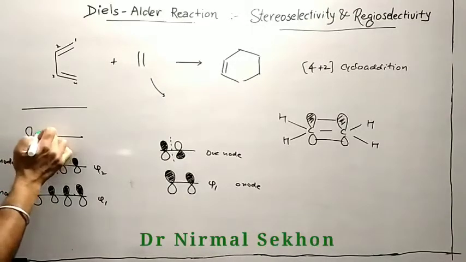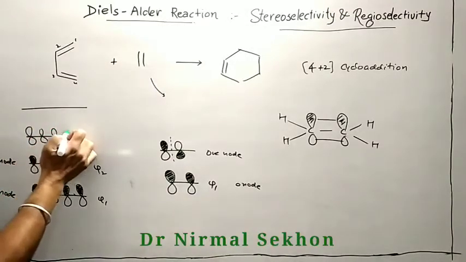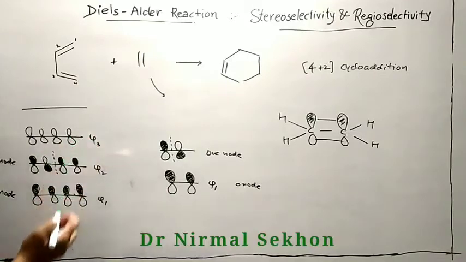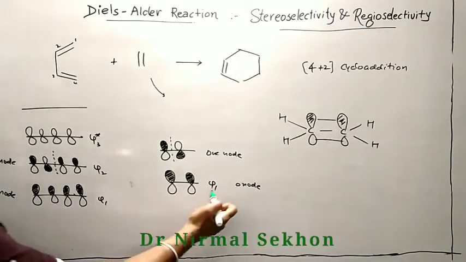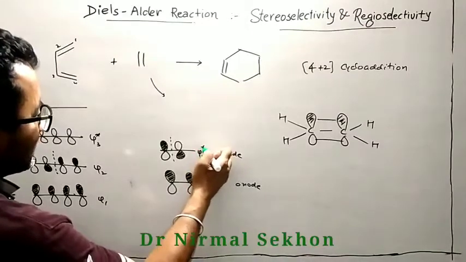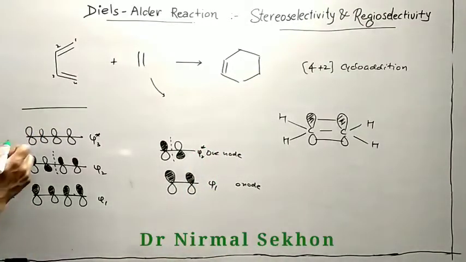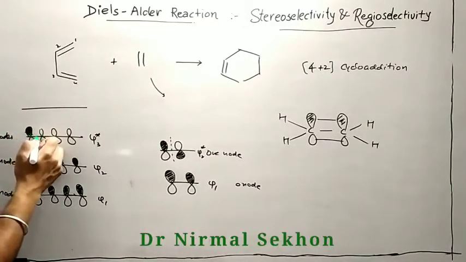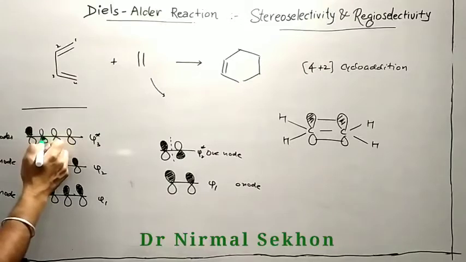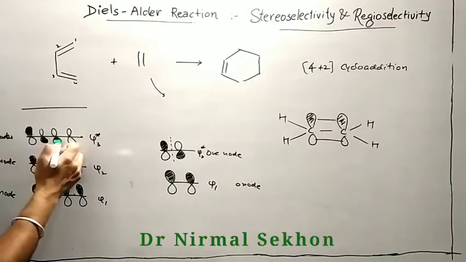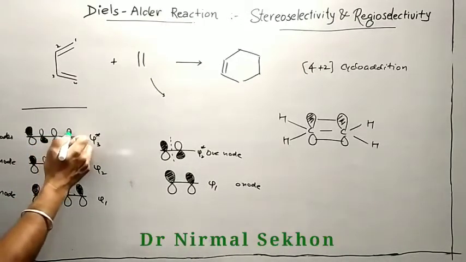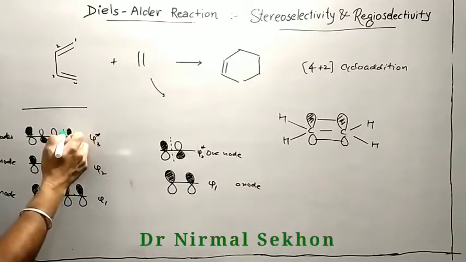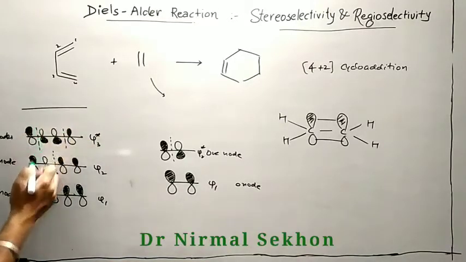Next we draw psi3. This is anti-bonding, so put a star here, like psi1, psi2, and a star over here. Here we have 2 nodes, so this is 1 node and this is another node.